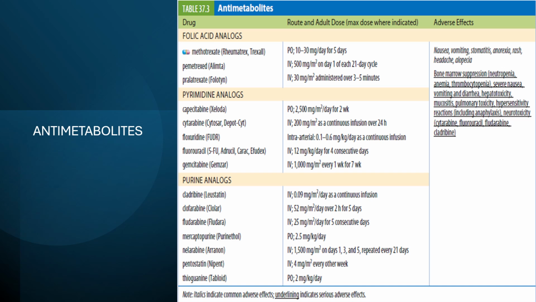Some also cause serious gastrointestinal toxicity, including ulcerations of the mucosa. Mercaptopurine and thioguanine can cause hepatotoxicity, including cholestatic jaundice. These medications are prescribed for leukemias and solid tumors and are listed here in this table.